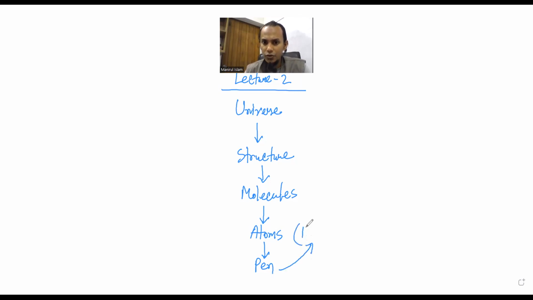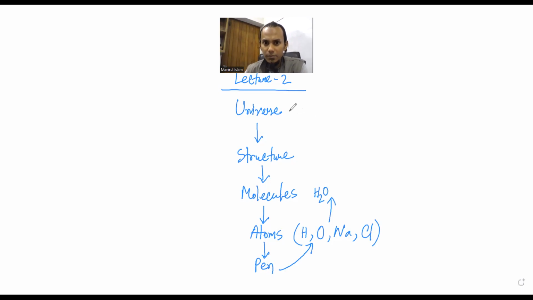For example, hydrogen is an atom, oxygen is an atom, sodium is an atom, chlorine is an atom. Everything you are seeing in the periodic table, the tiny part of those elements are atoms. Fine. And inside them we have protons, electrons, and neutrons. Fine.